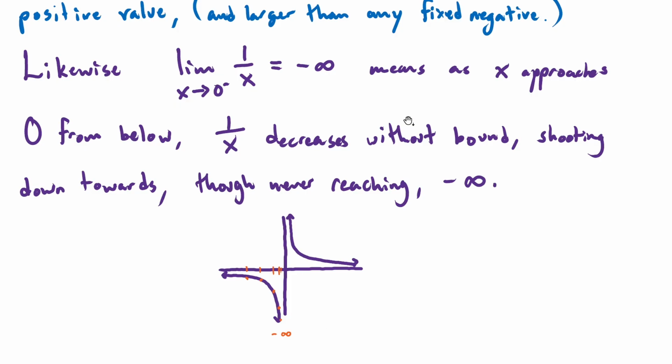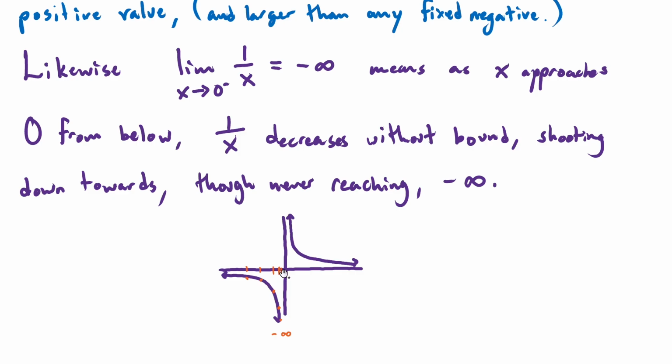Likewise, we should know how to make sense of an infinity that shows up as the L value. So consider, for example, 1 over x, my favorite hyperbola. If we consider the left limit here, then as x approaches 0, we are going along this curve and then dropping off, hugging the vertical asymptote. And we go off down towards negative infinity, getting negative values of larger and larger magnitude.